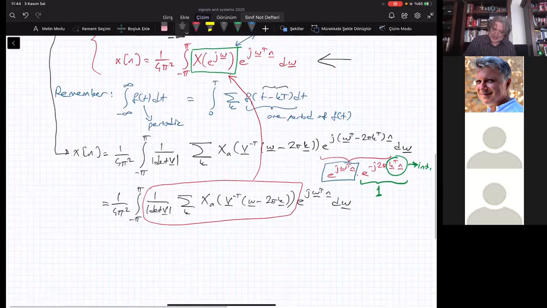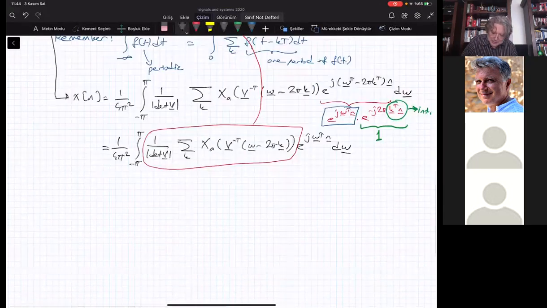That's almost the last thing that I will write, because we have to be careful about where k is ranging from and up to. It's not an infinite summation now, because we have infinite replicas within the period. So k is not from minus infinity to infinity.